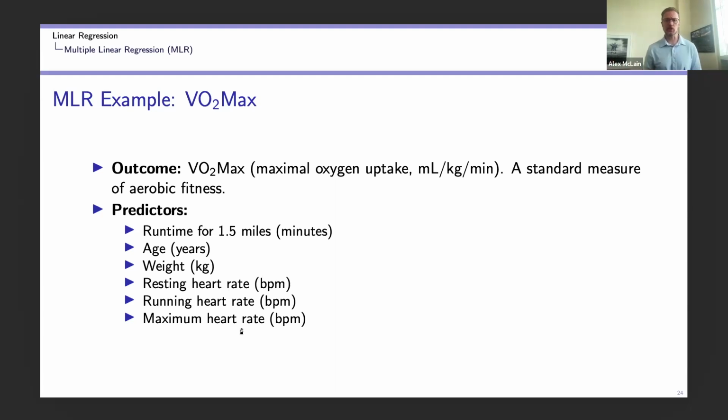So we have three different heart rate measures because heart rate is something we can measure on our wrists using accelerometry pretty easily. So these are all things that we could measure on, say, a Garmin watch, and we're interested in using this to predict the value of VO2 max.